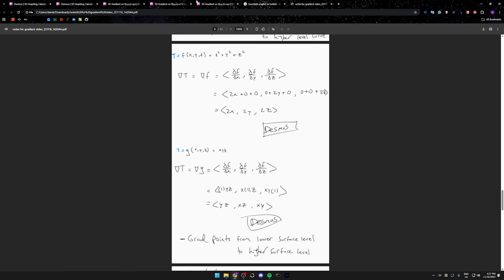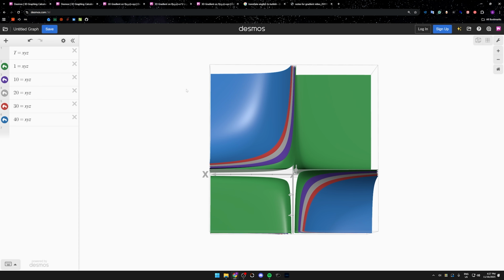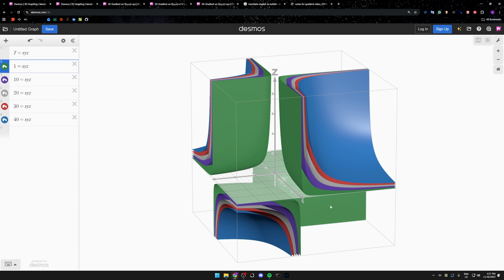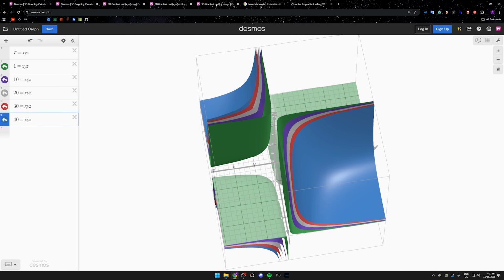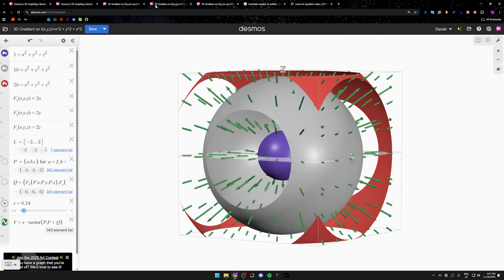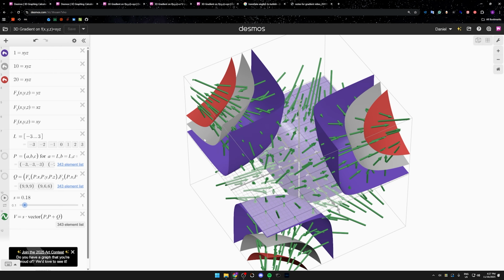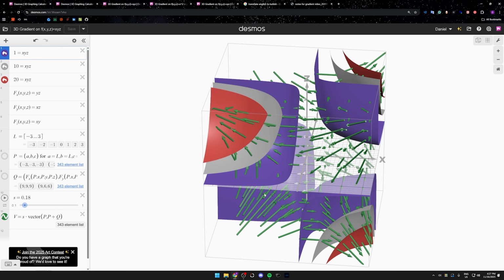And going back to the Desmos, we had this function, right? Before we were seeing level surfaces of 4D functions, and now our gradient field, our vector field, looks like this. It looks a little bit messy, but maybe we should look at individual parts.